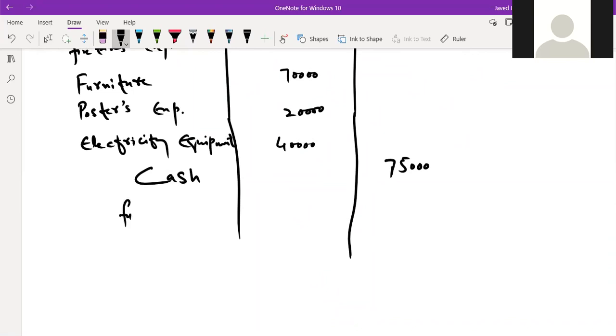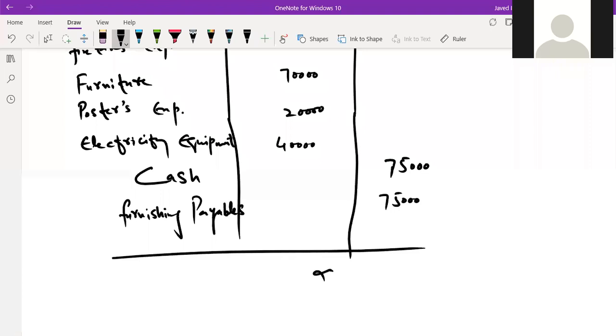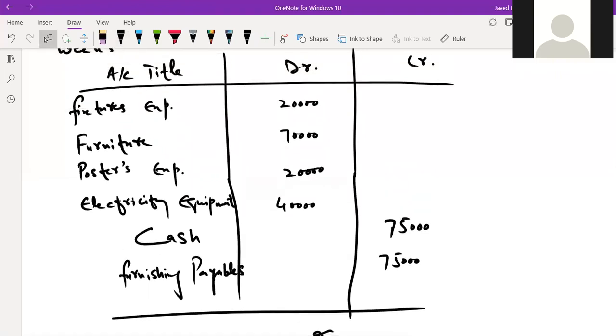So this will be furnishing payables of 75,000. Now you can easily judge that the debit and credit sides are equal, 150,000 and 150,000. If you have any query in this transaction, you can ask.